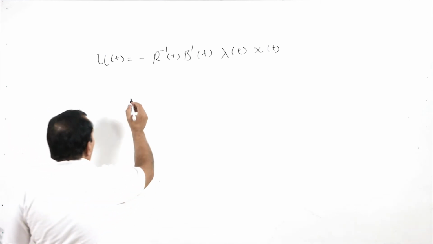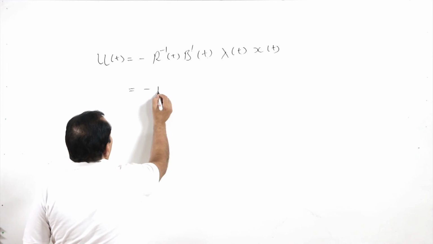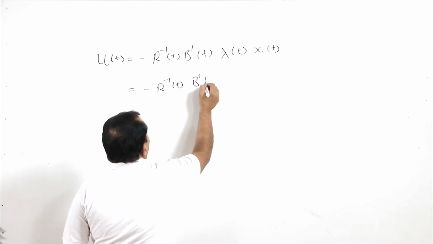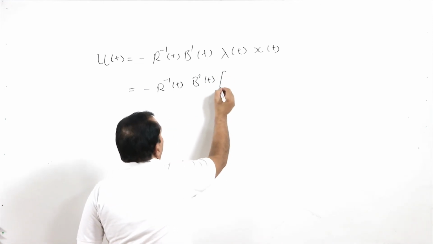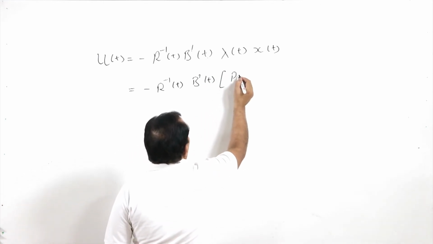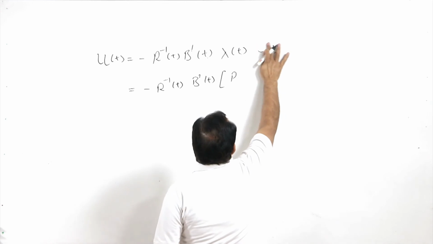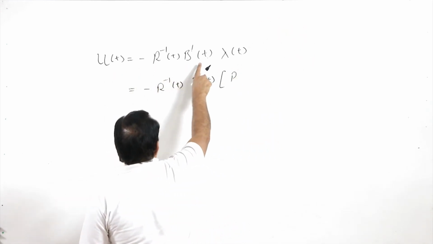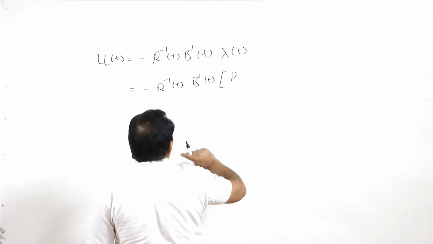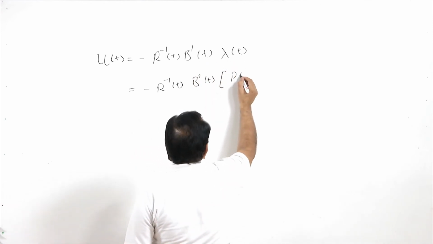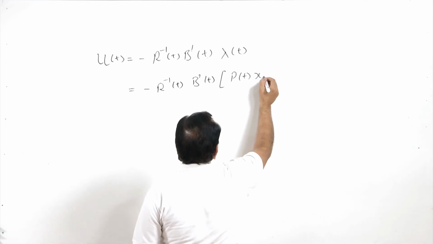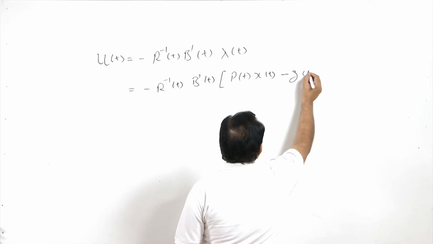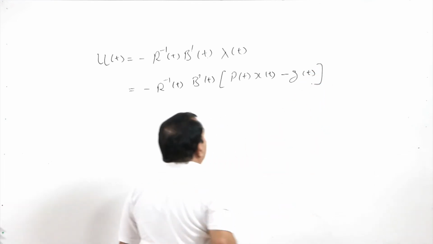And lambda t, what have we taken? Sorry, we do not have x t in this. So, my u t is minus R inverse t B prime lambda, and lambda t is nothing but my P t x t minus g t.